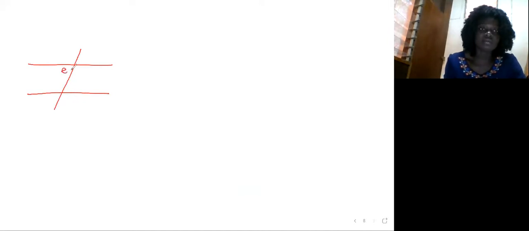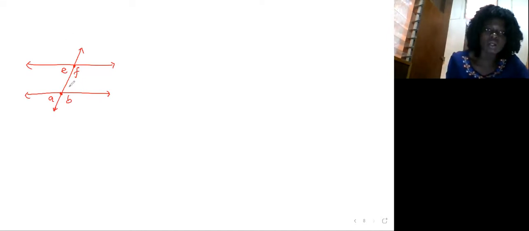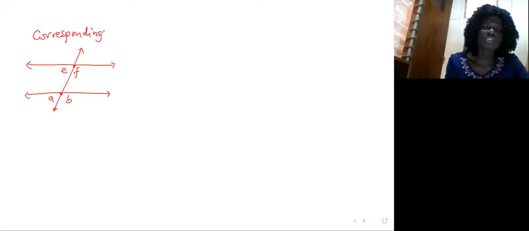Then we have E, F, A, and B. What can we say about this? These are called corresponding angles.